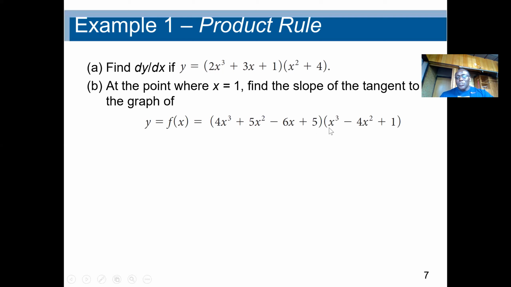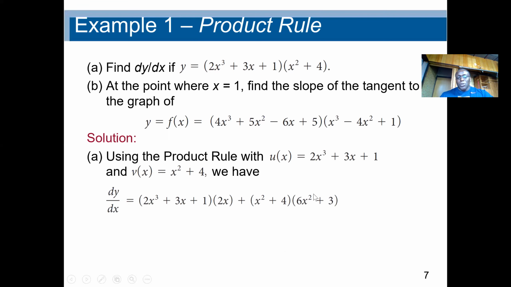So I can find the derivative of the first function times the second, then plus the derivative of the second times the first function. And that's the product rule.